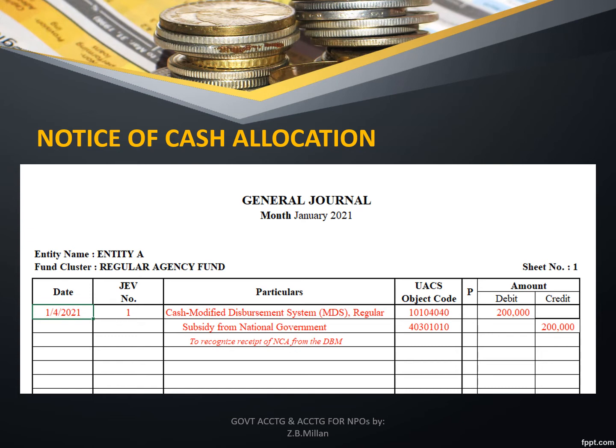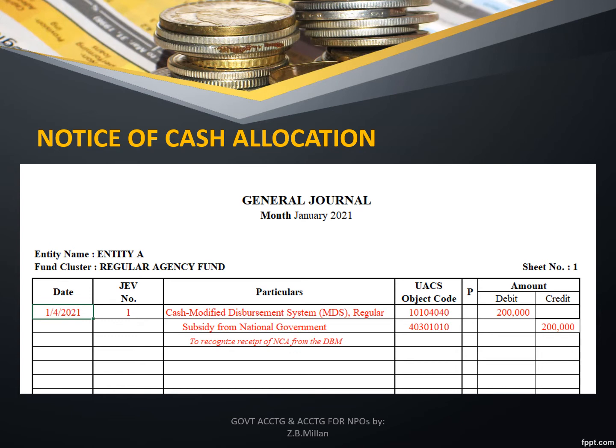So, ito ay record na sa journal, specifically sa General Journal ni Entity A. So, how do we record yung receipt of cash? So, ito talaga ay accounting transaction since there is a receipt of resources na. Naka-receive na ng cash ang Entity A from the DBM.